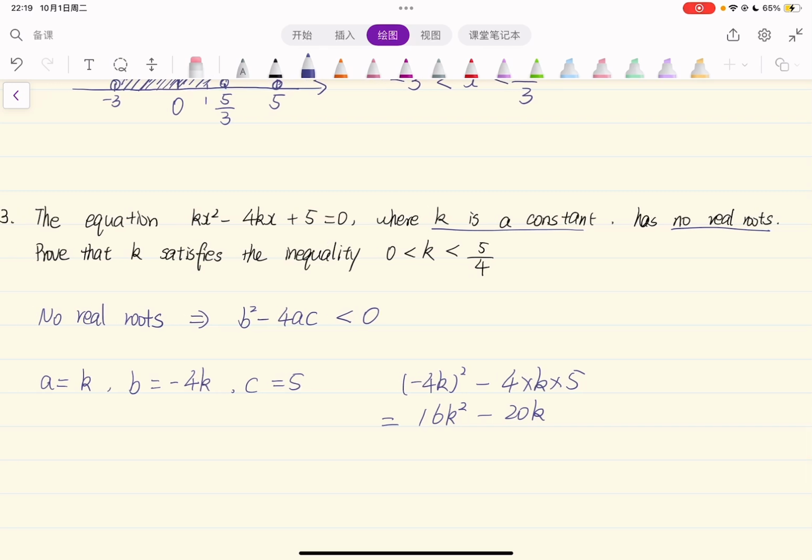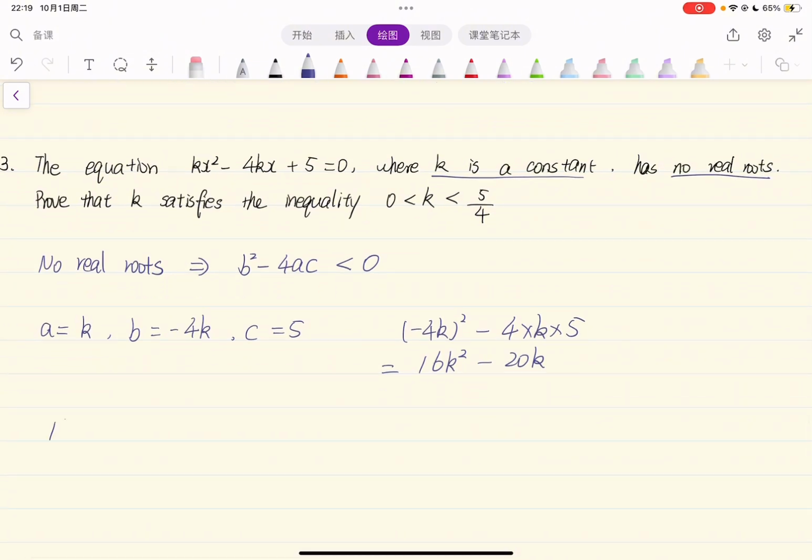And since the question said there are no real roots, it means 16k squared minus 20k is less than 0, which implies that 4k times (4k minus 5) is less than 0.